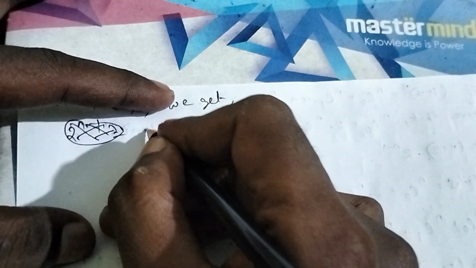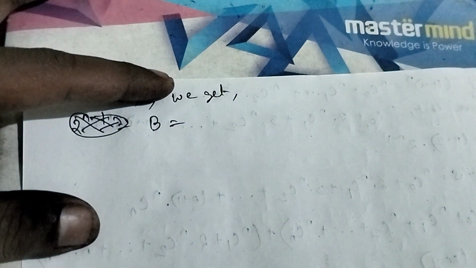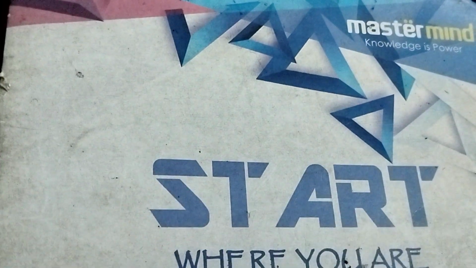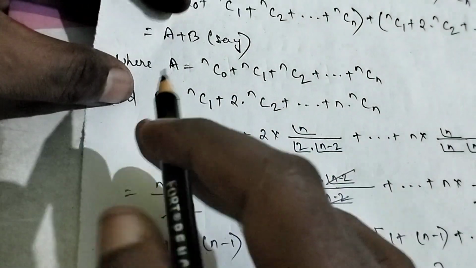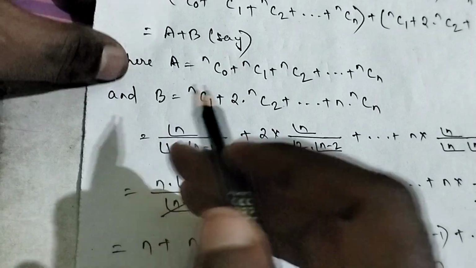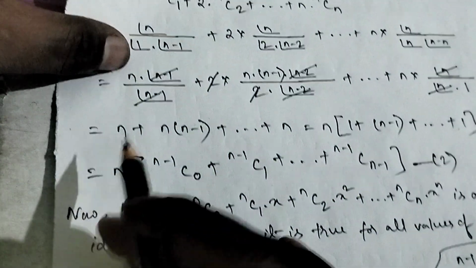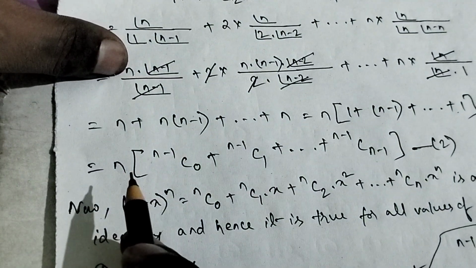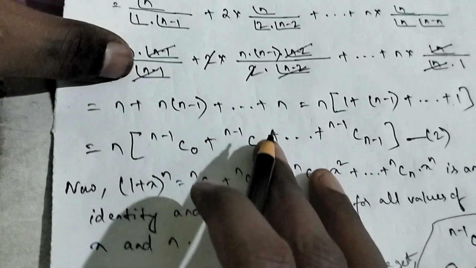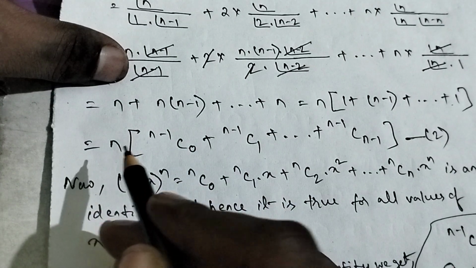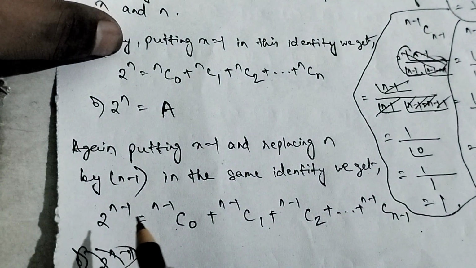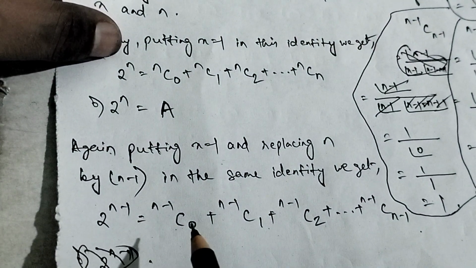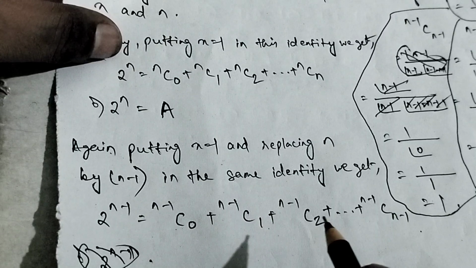From 2 we can write B is equal to, this was B. Okay, here we had n, and this portion is 2 to the power n minus 1. This portion is n minus 1 C0, n minus 1 C1, n minus 1 C2.